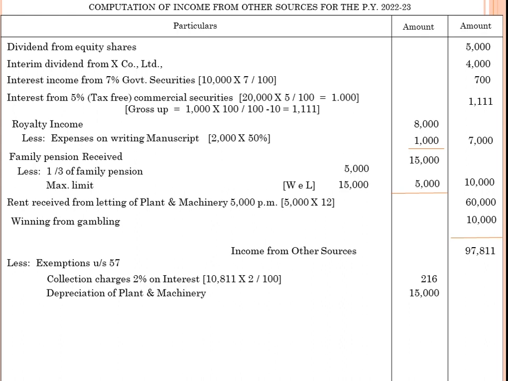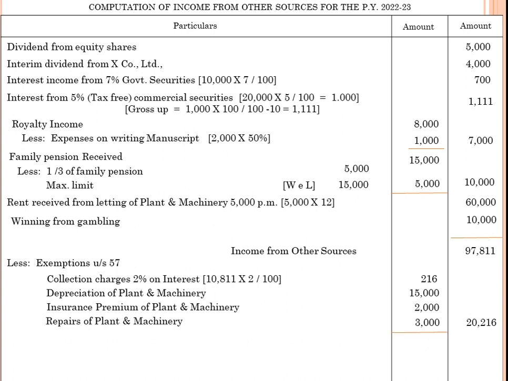Depreciation of plant and machinery 15,000, insurance premium of plant and machinery 2,000, and repair of plant and machinery 3,000. Find the total, 20,216, and deduct it out of income from other sources. The balance we call the taxable income from other sources, 77,595. Now we are at the end of today's session.